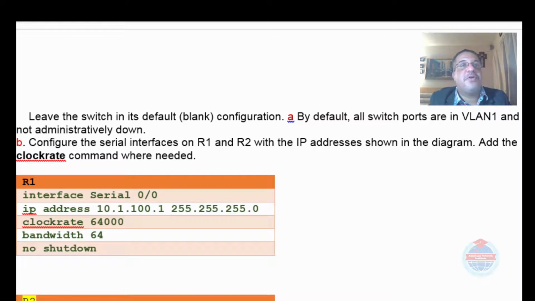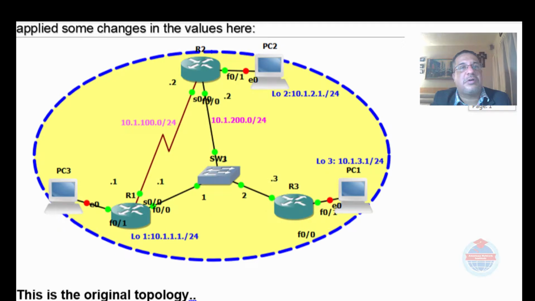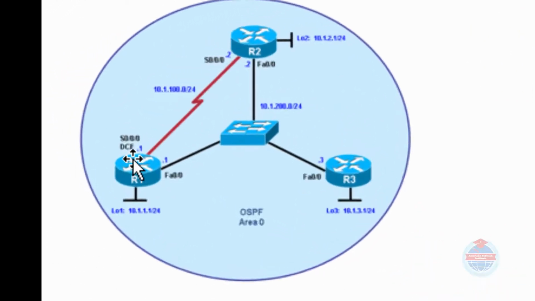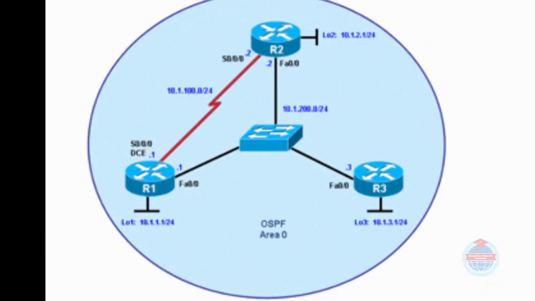Okay. Configure the serial interface on R1 and R2 with the IP address shown in the diagram, the ones that I showed you guys, remember. Clock rate commands were needed. One more thing, when they are talking about the clock rate, they are talking about this value over here, the DCE on serial 0/0.